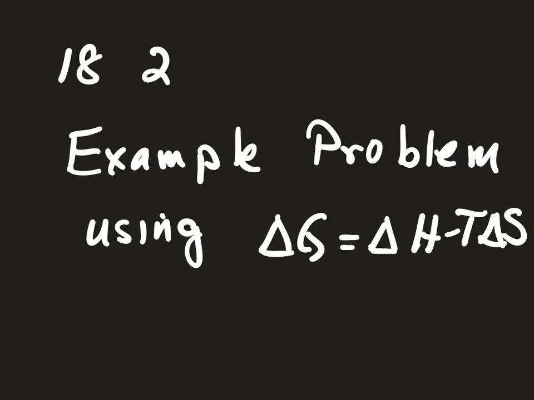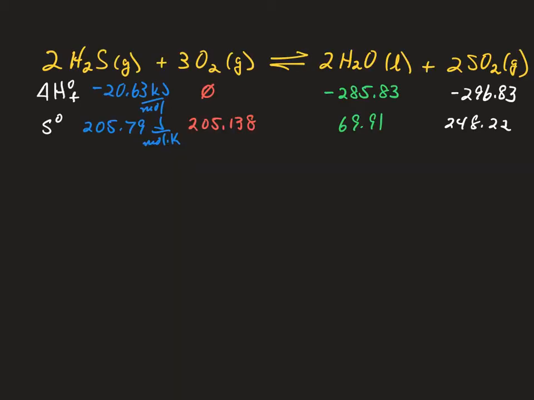Okay, in this presentation, we'll do an example problem using the Gibbs equation, delta G equals delta H minus T delta S. Let's consider the reaction where hydrogen sulfide gas reacts with oxygen gas to give water, which ends up in liquid form, and sulfur dioxide gas.